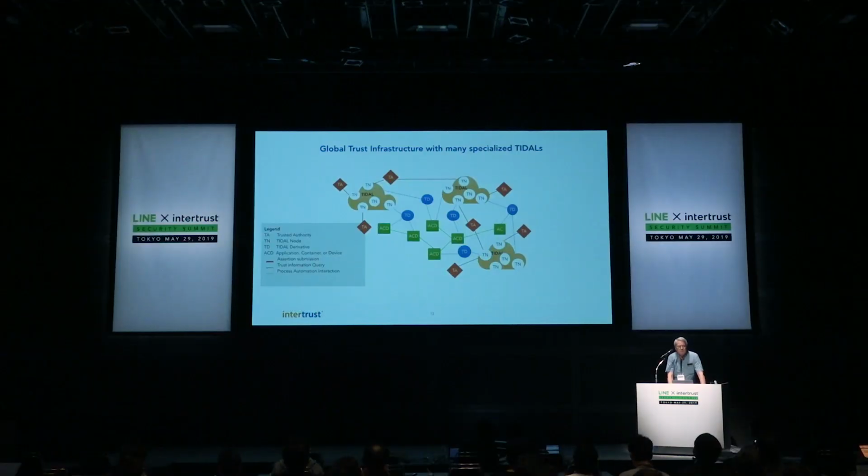And so you have the idea of a global infrastructure with many specialized titles, each of them having, in this diagram, something called title nodes, which are nodes in a blockchain, and then a concept of derivatives and the concept of the applications that reference the information. They all interact with one another, but their policies are highly specialized.